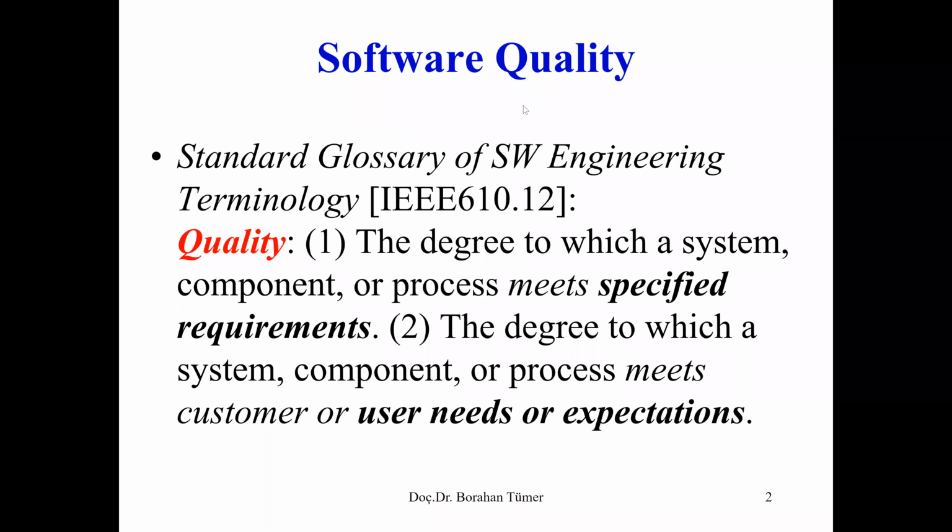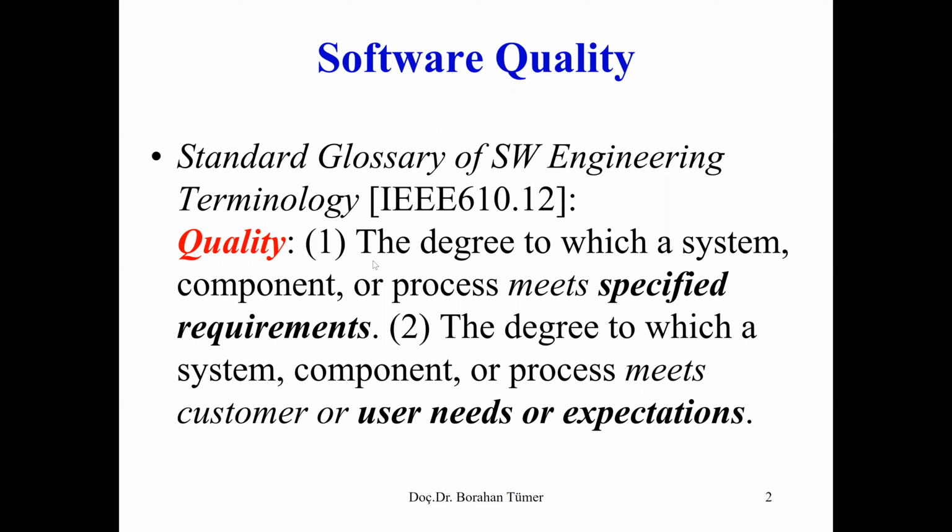Okay. Well, let's start with the software quality concept. Let's define, according to the standard glossary of software engineering terminology from the IEEE, what the quality concept in general means. It is defined in two points.